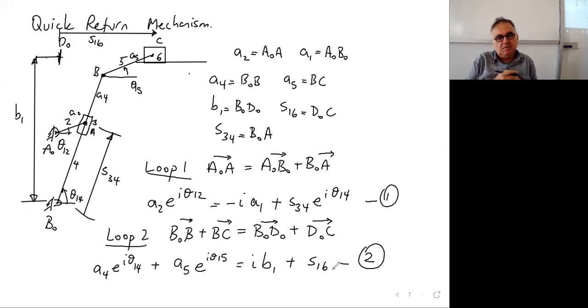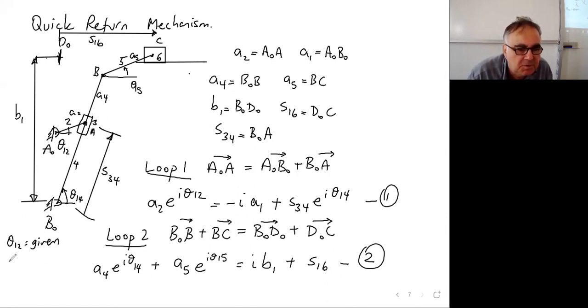If you want to write the position equations, the given would be theta 1,2. And what we would like to find would be the other variables: theta 1,4, theta 1,5, what else? S34 and S16.